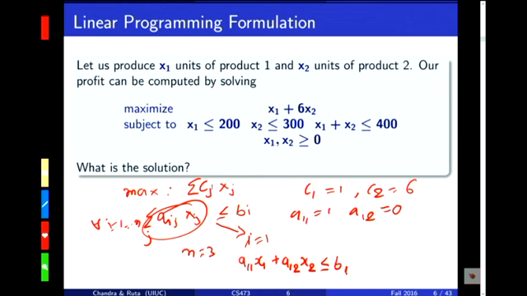So if you look at this first constraint, there is no x2 here, right? So this coefficient is 0. There is x1 and the coefficient of that is 1, so this is 1. And what is B1? 200, right? This is B.